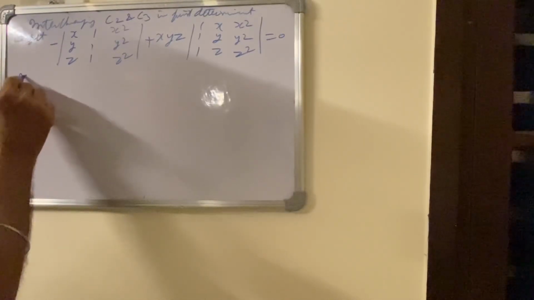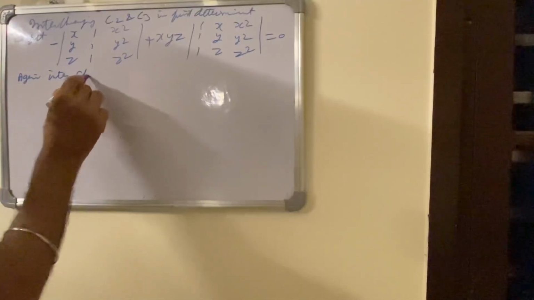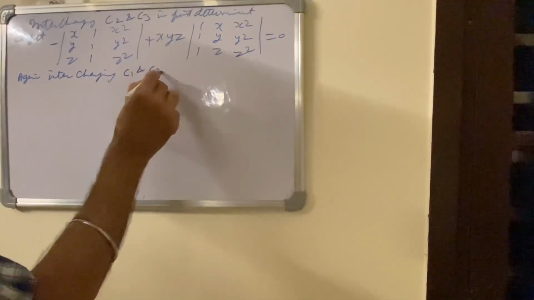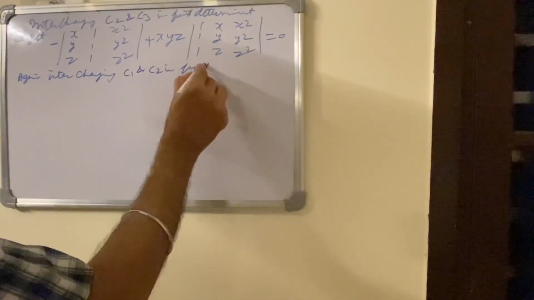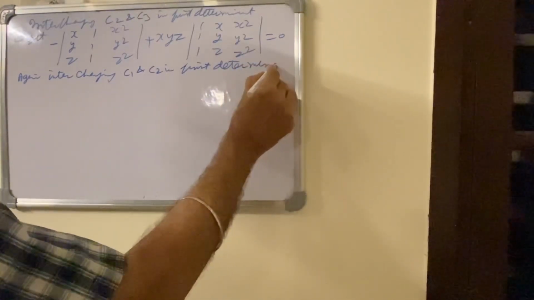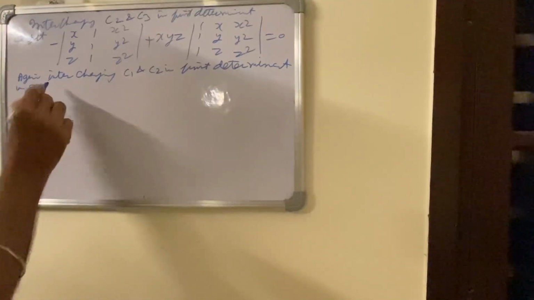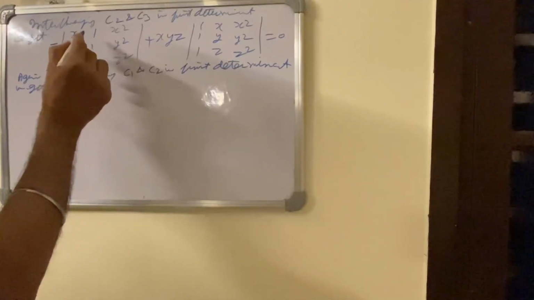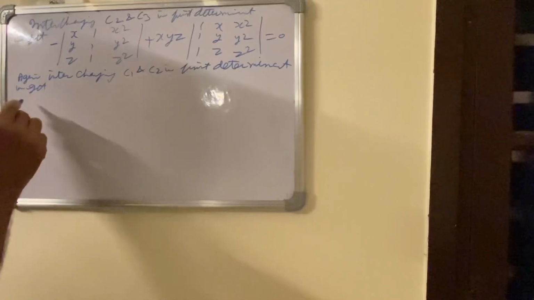Again interchanging C1 and C2 in the first determinant, we get, when you interchange again C1 and C2, again you shall take a negative sign, negative will become positive.